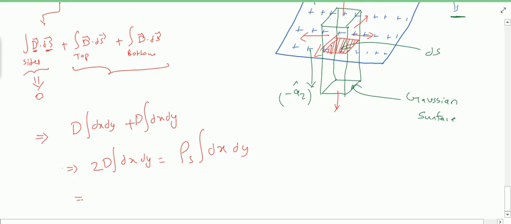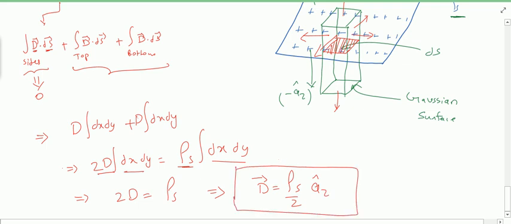Now we can equate these two, because here also integral of dx dy, here also integral of dx dy. So we can write 2D equals rho s, and D equals rho s by 2. In vector form it can be written like this.